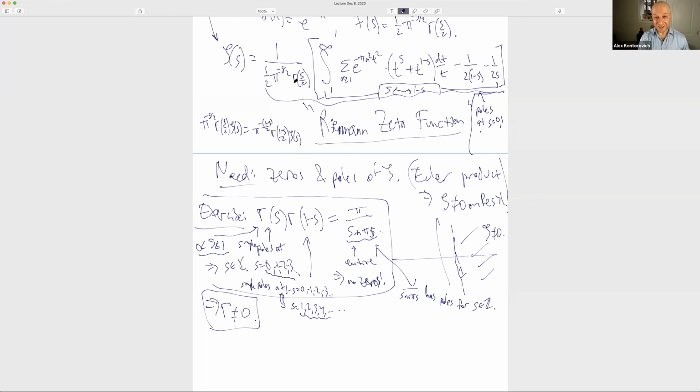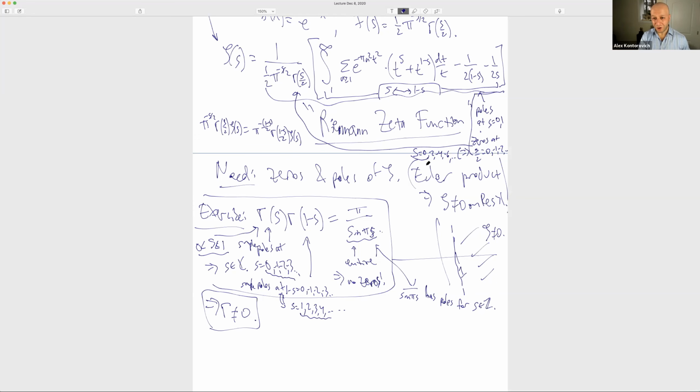But this part contributes zeros. This part has zeros because gamma has poles, which gives zeros at s over 2 equals 0, negative 1, negative 2, and so on. You see that? Which of course is the same as s equals 0, negative 2, negative 4, negative 6.